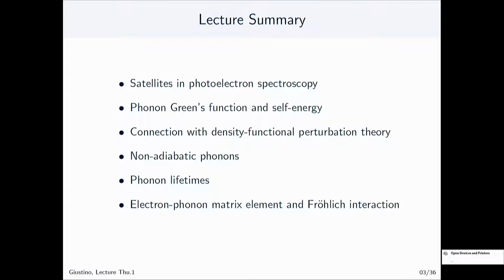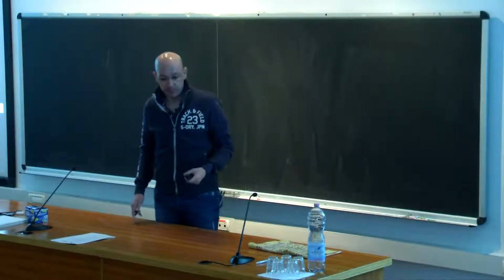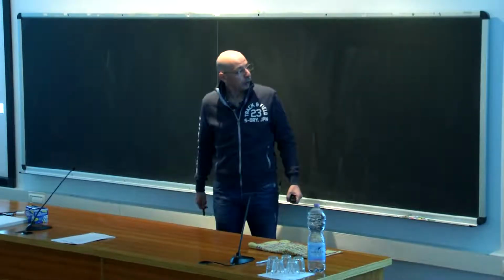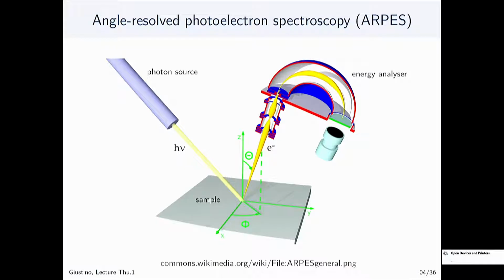So during the tutorials, you've been calculating something called the gamma, the phonon lifetime, so the phonon broadening. So here we're going to do the theory of that quantity, see how that quantity emerged from these concepts. And then I will tell you just a couple of things about the electron-phonon matrix elements, but it's going to be very brief.